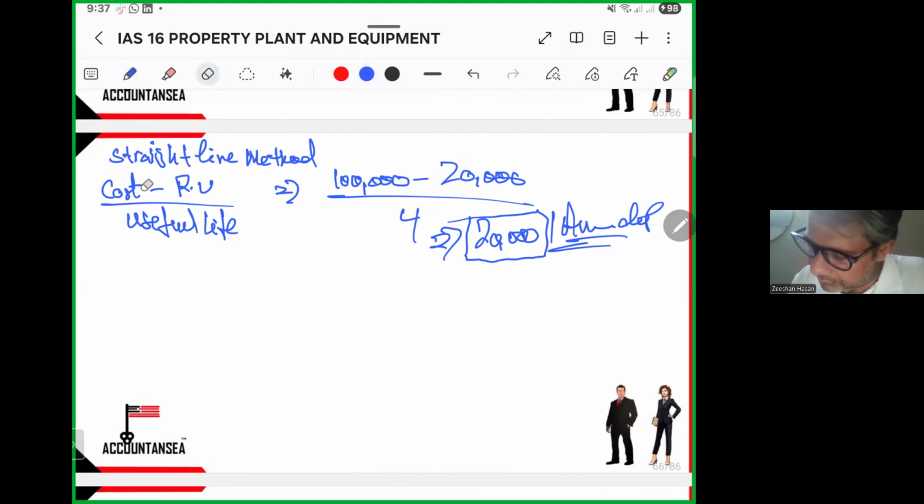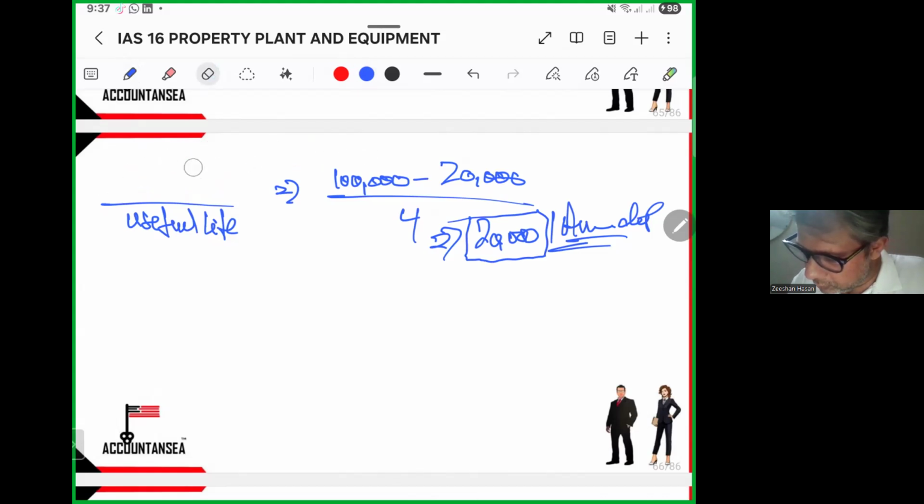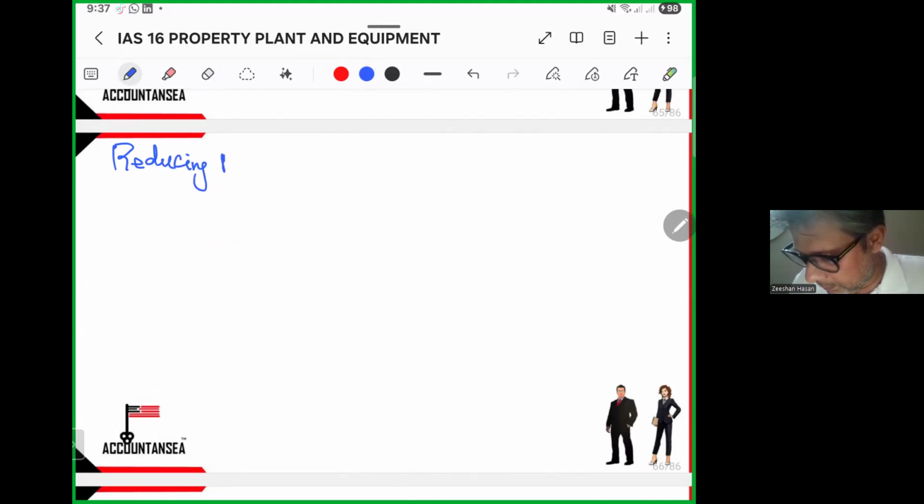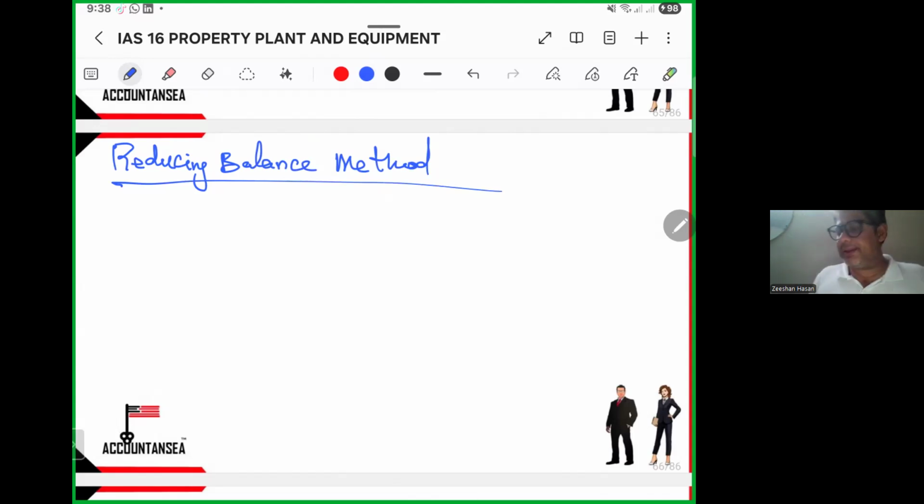Then we have the reducing balance method. So for the reducing balance method, for example, the cost of an asset is 100,000.